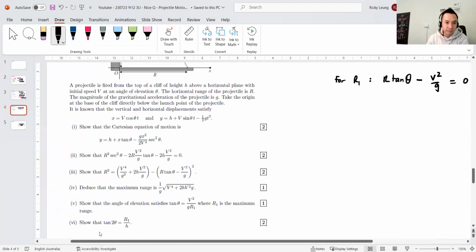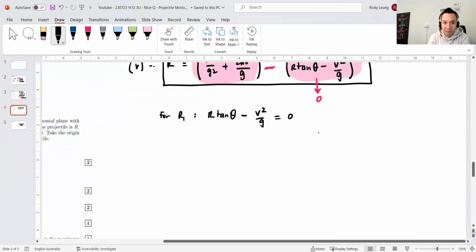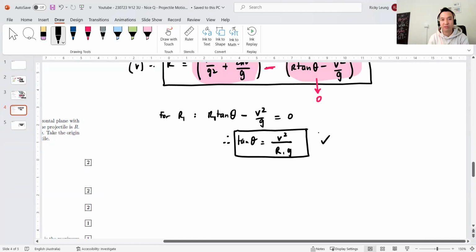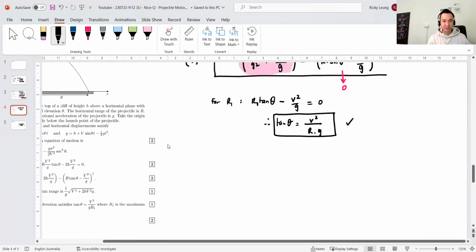Show that tan, yeah, perfect. So for R1, the moment this becomes the maximum range, that's R1. If I make tan theta the subject, then tan theta equals v squared over g R1. That's it, that's all they want. It's a one marker, piece of cake.